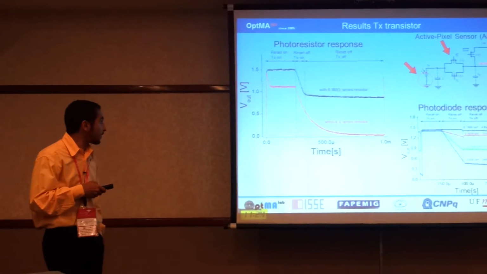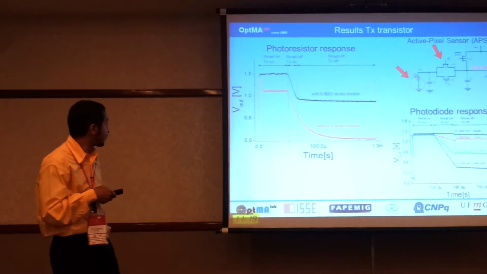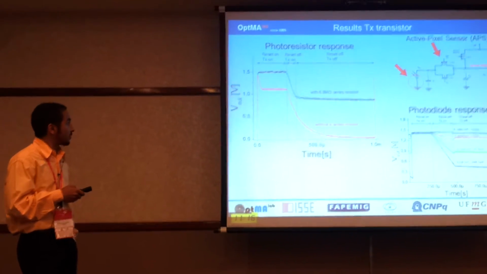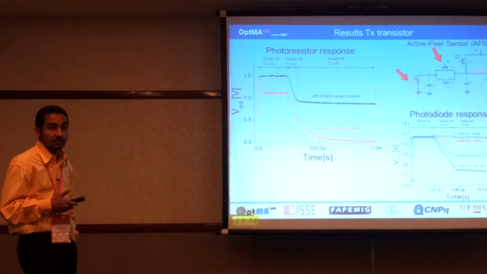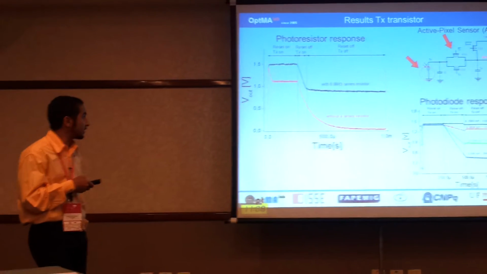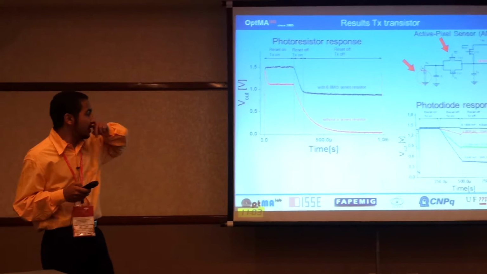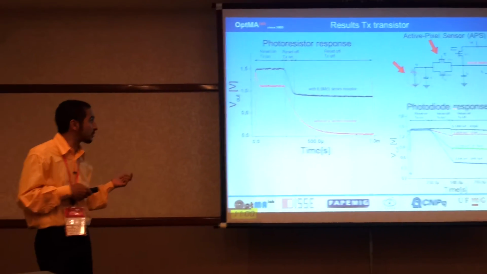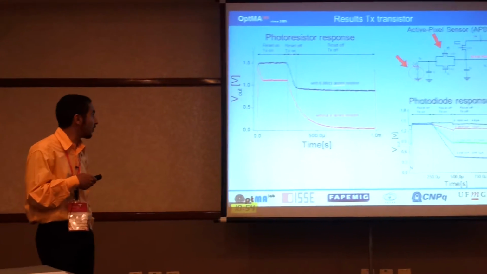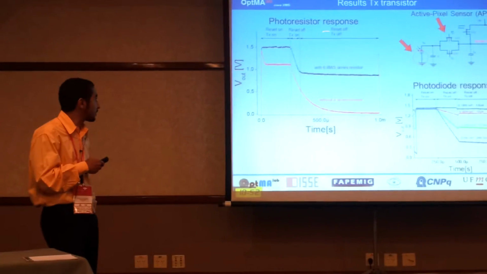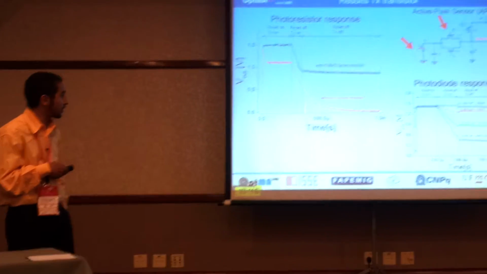My first experiment with this configuration showed that with a high value of current, it forced the transistor TX to continue conducting. So to use this functionality of the TX, we associated a series resistor to the photoresistor and measured the response. Now we can see the charge was kept constant after the TX turned off.